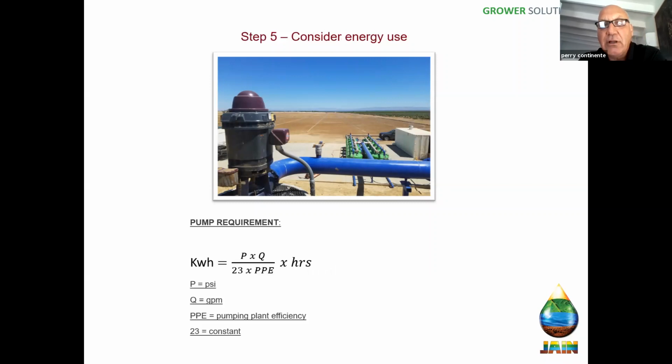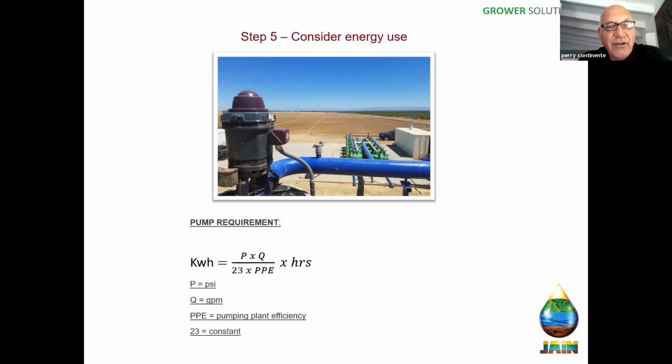So now let's just talk a little bit about energy. Take a look at this equation. Notice that on the top you see P and Q, which is pressure and flow. So what this tells me is that the kilowatt hours requirement is directly proportional to pressure and flow. So can I lower my flow?